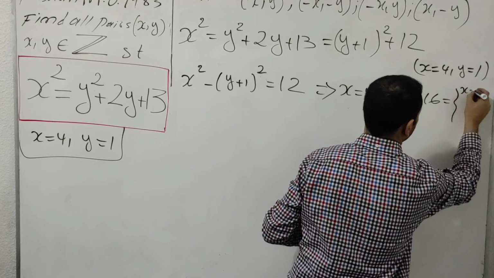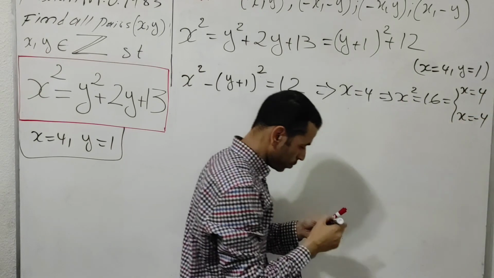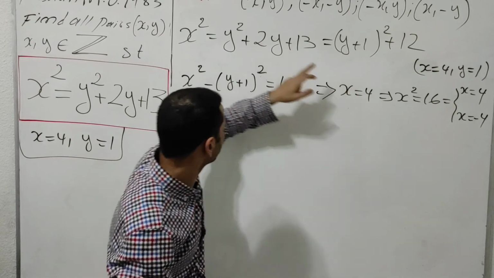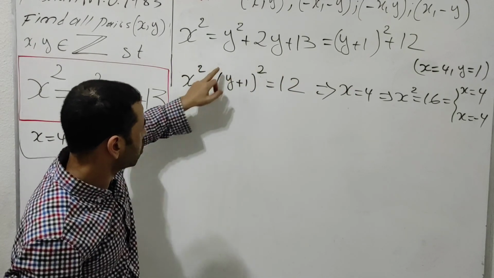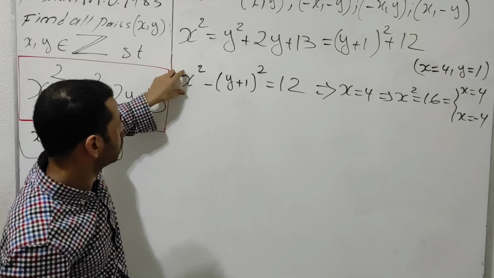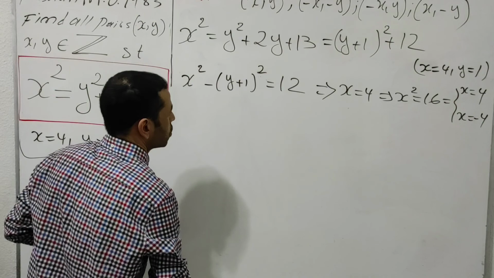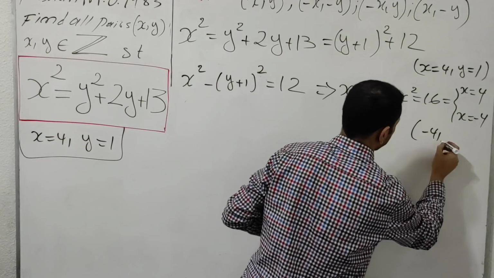We will have x equals 4 or x equals minus 4. Because if you replace minus 4 into this expression, the result will be the same, because the square of minus 4 always gives you 16 here. So this means I will have two different solutions. Now we get a new solution, minus 4, 1.